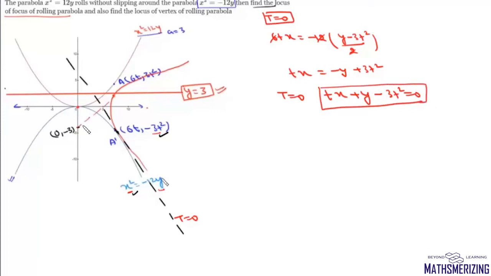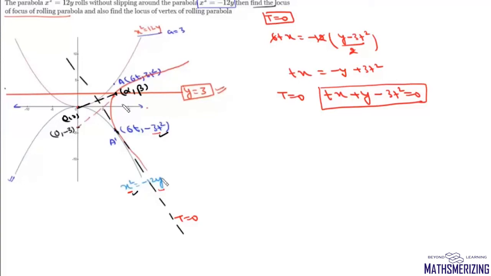Now we need to take the reflection of the vertex of the fixed parabola, that is 0 comma 0, about this line, and it will give us the locus of the vertex of the rolling parabola. Say this vertex is alpha comma beta. Now we'll use the formula for reflection.